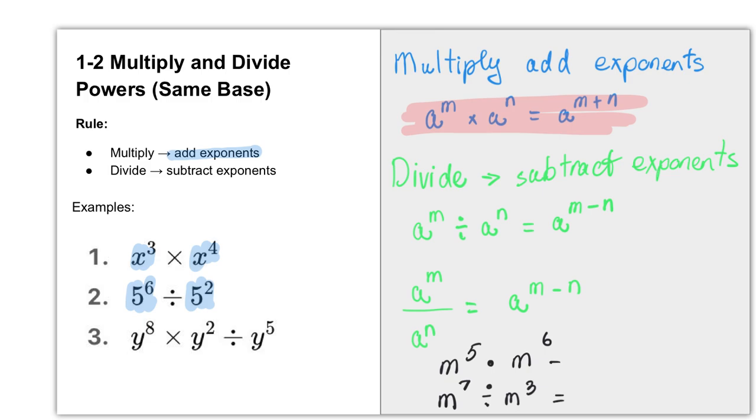Go ahead and pause here and answer the questions and come back for the answer. If you follow the multiplication rule, we're adding. That will be m raised to the 11th power. And for the division rule, that means we're subtracting the exponent, 7 minus 3. That will be m raised to the 4th power.